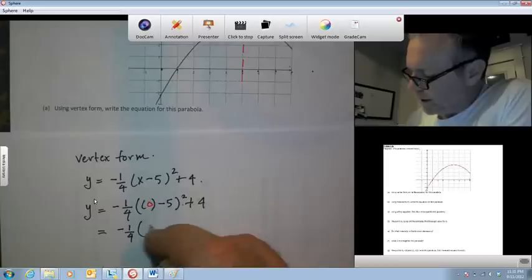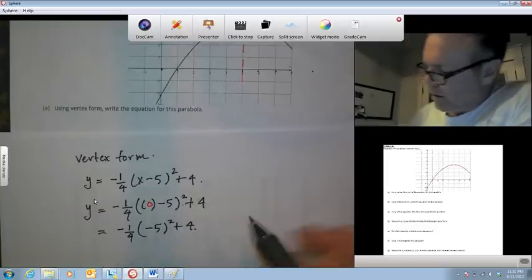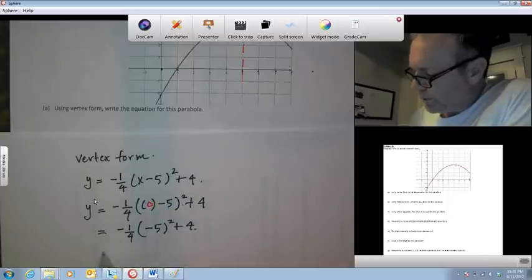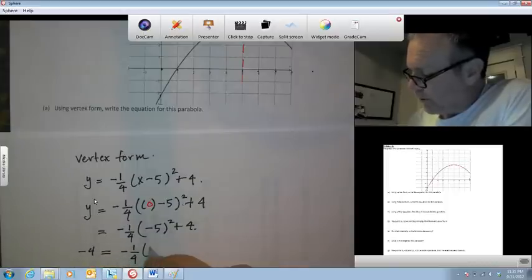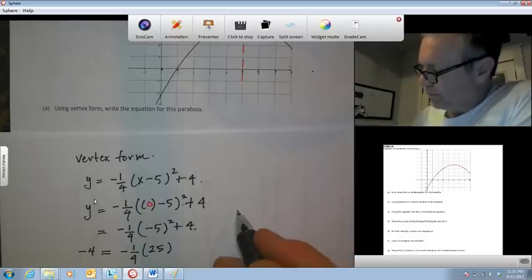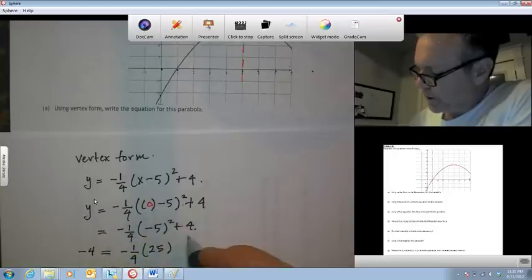Negative 1/4. The inside of this quantity is negative 5 squared plus 4. I'm sorry, that 4 goes on this side.